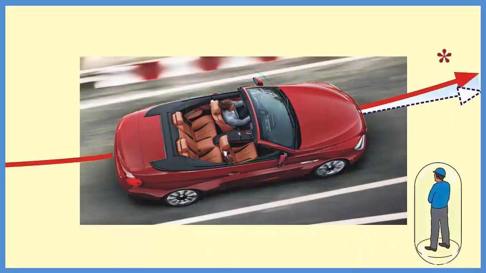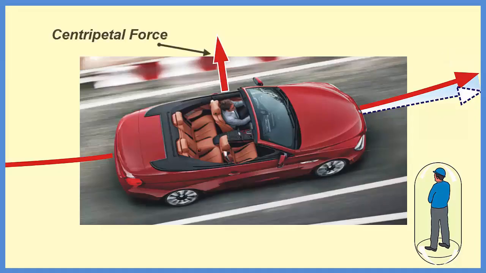Now let's consider the case of the car on a curve on the road. To simplify, let's suppose its speed is constant. Since velocity is a vector, a change in its magnitude or direction is acceleration. If the magnitude is constant, when the car moves on the curve, the direction of its velocity vector is changing, which demands the action of a force perpendicular to the velocity vector, the centripetal force.